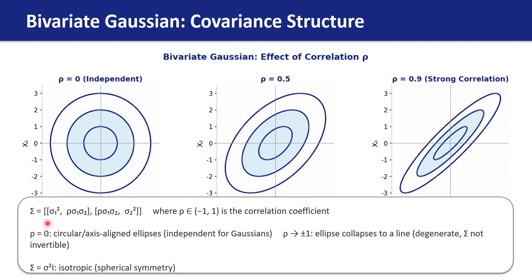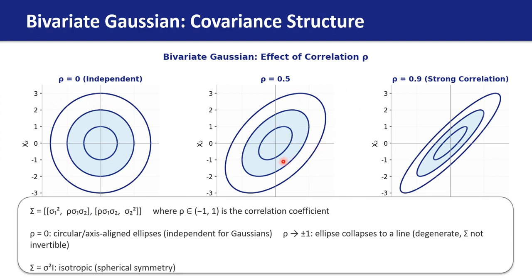Sigma equals this: sigma 1 squared on the top left, sigma 2 squared on the bottom right, and rho times sigma 1 times sigma 2 on the off diagonals. Rho is the correlation coefficient. It is between -1 and 1. Rho controls the shape of the density. These are the contours.